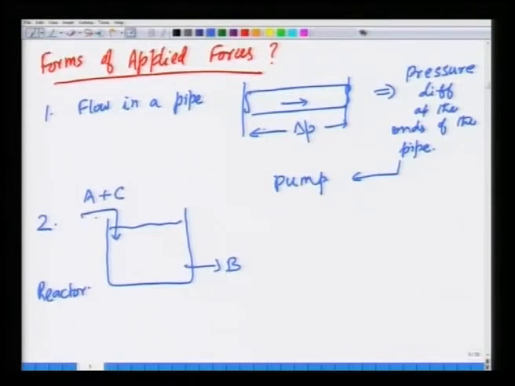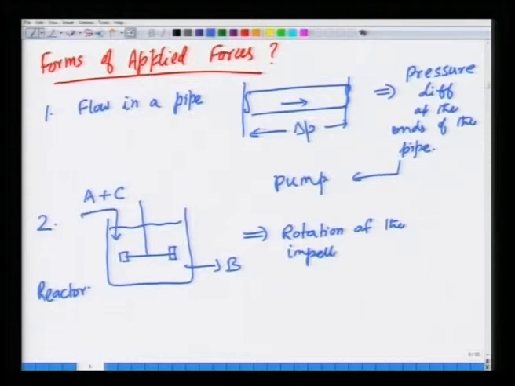So, you want to mix the 2 reactants very well. So, you place an impeller. Here the rotation of an impeller drives the flow in a reactor.